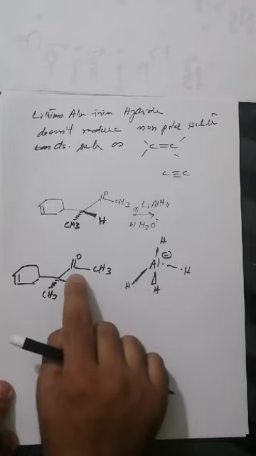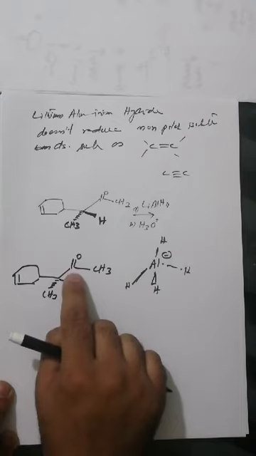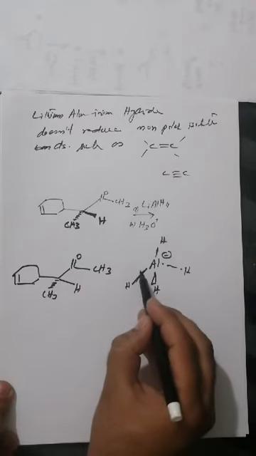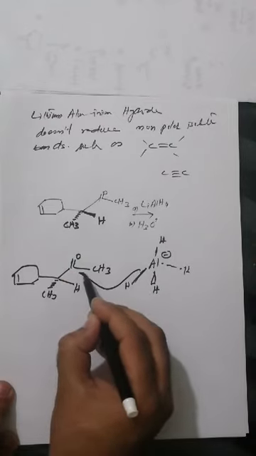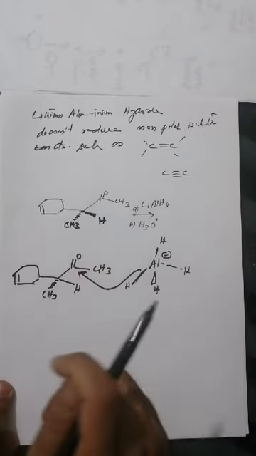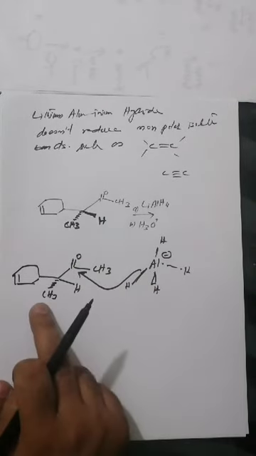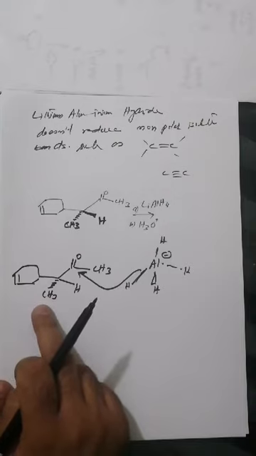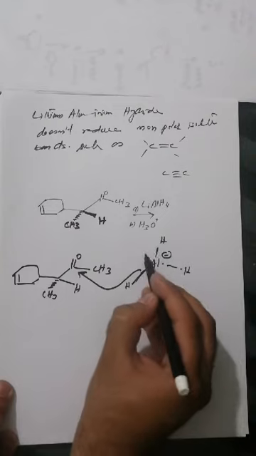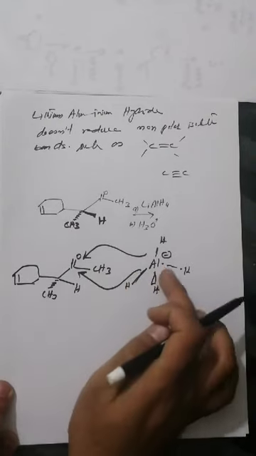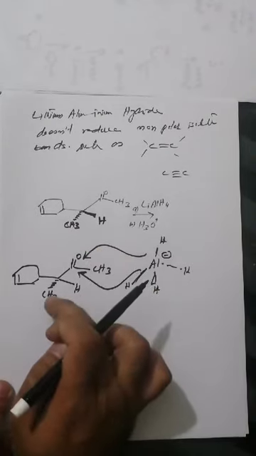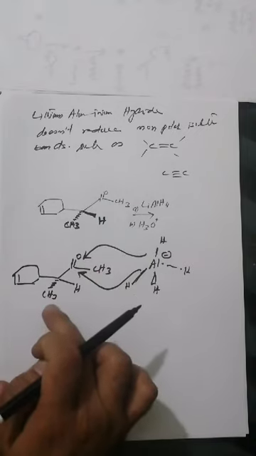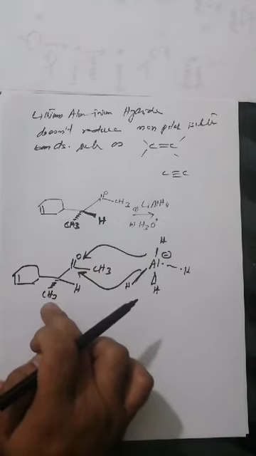Now, I have already told you that this planar keto group has two faces. So the hydride ion could attack from the front side, opposite to this methyl, or it could attack from the back side, from the same side where this methyl group is pointing.